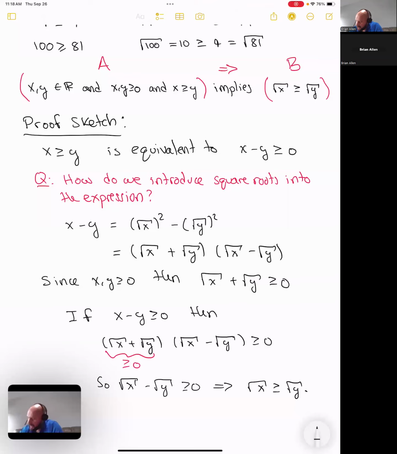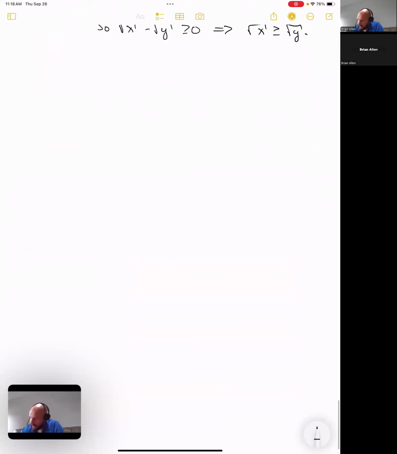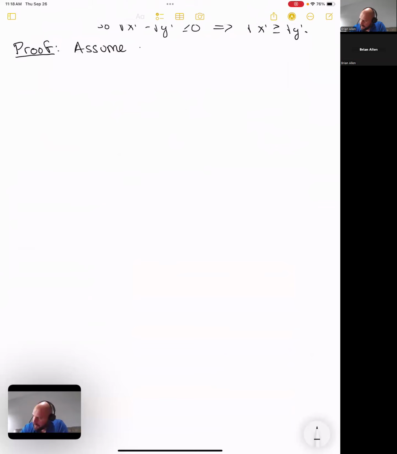So now we can go from a sketch to an actual proof, okay? And so in the proof, we have to write this a little more carefully. So first we should start with our assumptions. So assume that x and y are real numbers, x and y are both positive, and x is bigger than y.